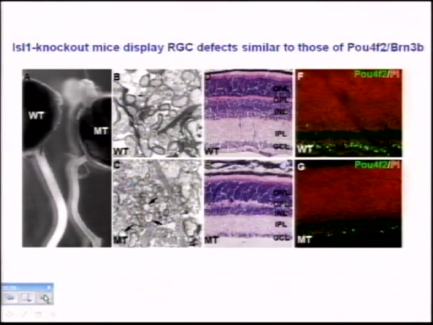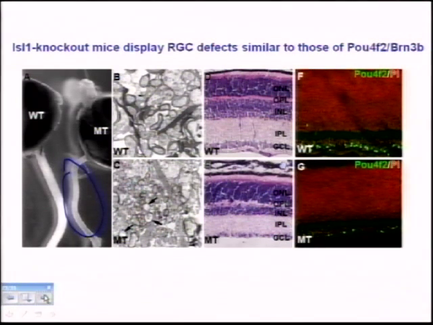So islet-1 is associated, we predict, at the same level as brain 3B and can help us build this gene regulatory network. And sure enough, when we knock out islet-1 specifically in the retina, doing conditional knockouts, we see that it displays defects that are very similar to the defects we see when we take away brain 3B. And I won't show you all the stuff. Here's the optic nerve. It's shrunk a little bit, and the cells are screwed up.